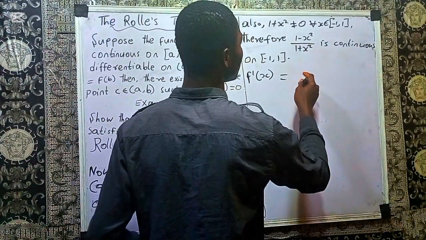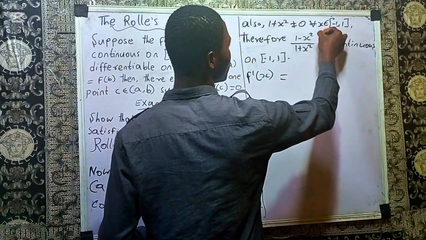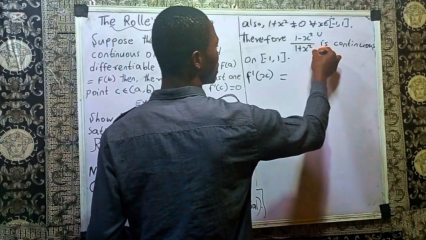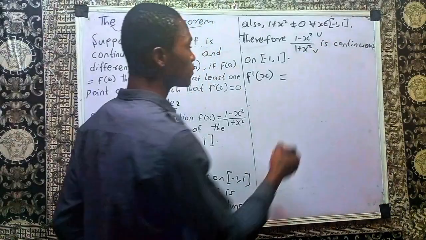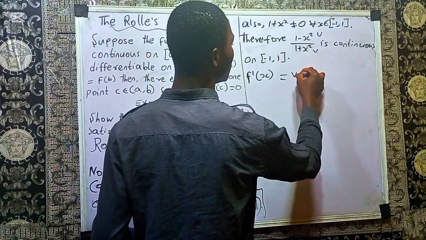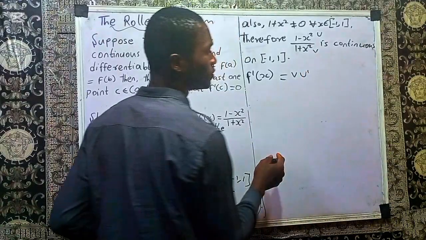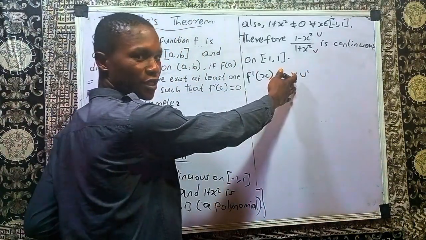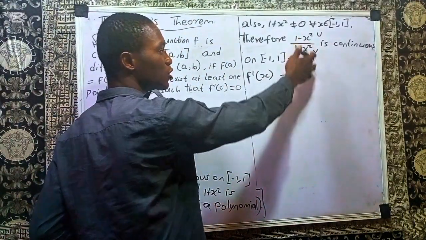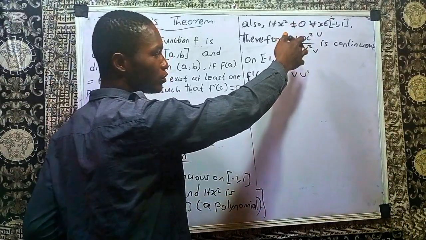So for you to use the quotient rule, you call the numerator u, call the denominator what? v. You now do v u prime. That is, you keep v, you keep the denominator, and differentiate the numerator, right?